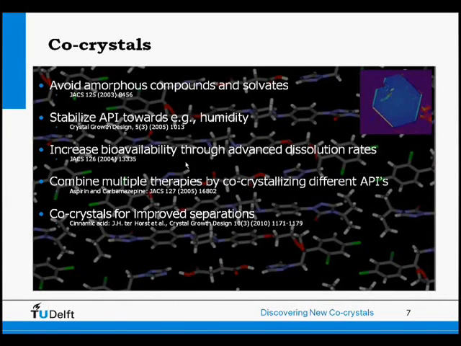Or you can increase bioavailability through enhanced dissolution rates. And also a funny, interesting thing is to combine multiple APIs in one co-crystal. So for instance, aspirin and carbamazepine. It is said that carbamazepine has the side effect that it gives you a headache. So if you co-crystallize it with aspirin, you avoid the side effect of carbamazepine. But of course you could also add the pure crystals themselves in the pills.